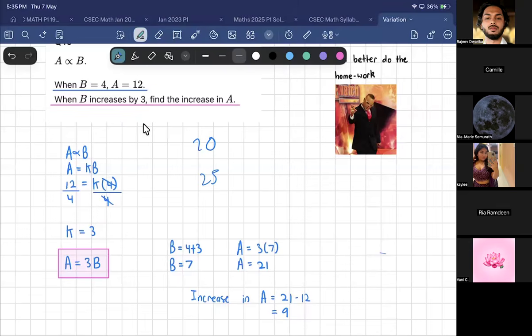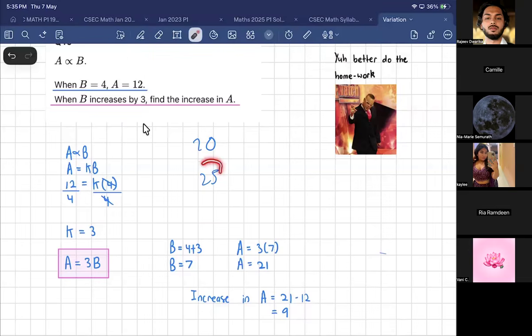You just add it. You're not wrong, but if it was just seeing 20 and 25, what would you do with 20 and 25 to find the increase? Minus it. Right. So you could agree that 25 would be the total amount after, and 20 would be the original amount. So to find the difference, you take the new amount minus the old amount.